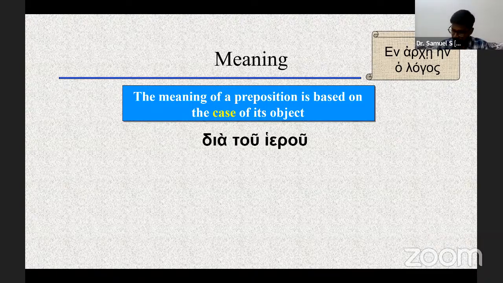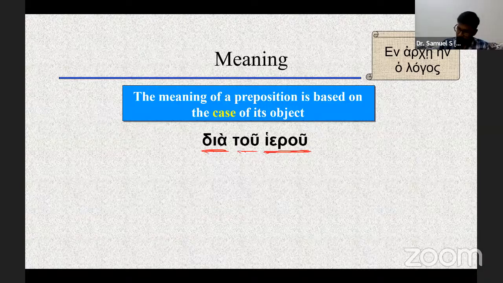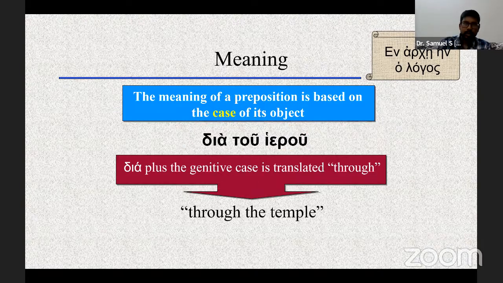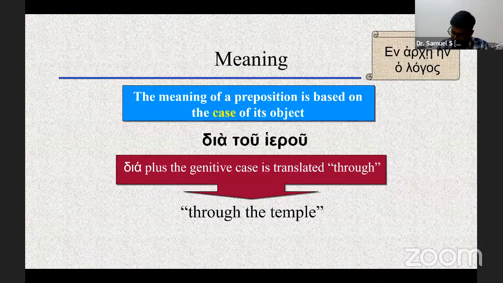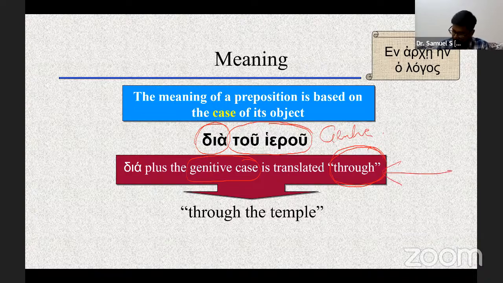For example, dia to hieru. This is a prepositional phrase. Preposition plus object, prepositional phrase. Dia plus the genitive case has the meaning through. You see the preposition dia, you see that the case of the object is genitive case, and dia plus the genitive has the meaning through.